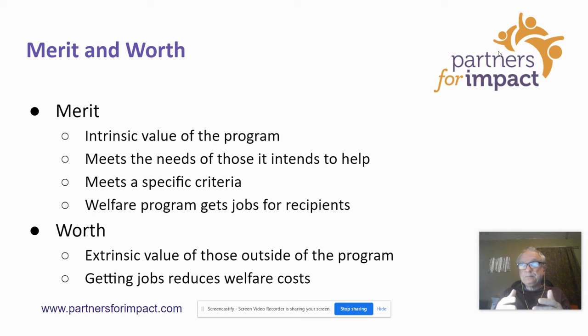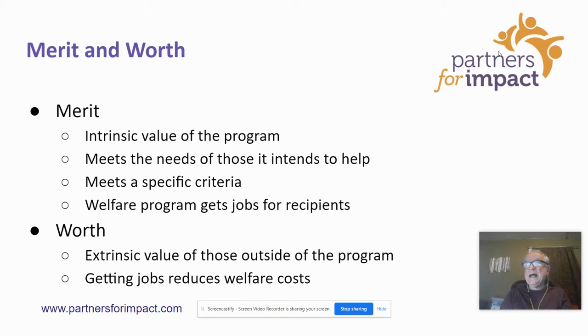It could be that there is a standard for family resource centers at the national level, and does a program meet those standards, right? And a great example of internal merit is that some sort of welfare or job-based program can help recipients of welfare actually get jobs and come off of welfare.